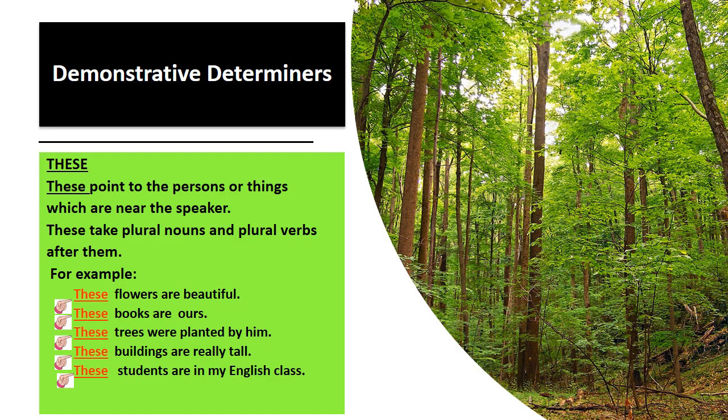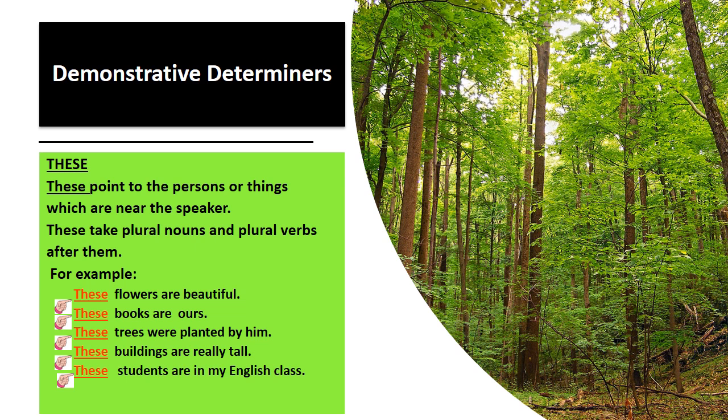Now students, let's learn about the demonstrative determiner these. What is the similarity between this and these? This and these, they both refer to the thing which is near the speaker. So these point to the persons or things which are near the speaker. These take plural nouns and plural verbs after them.